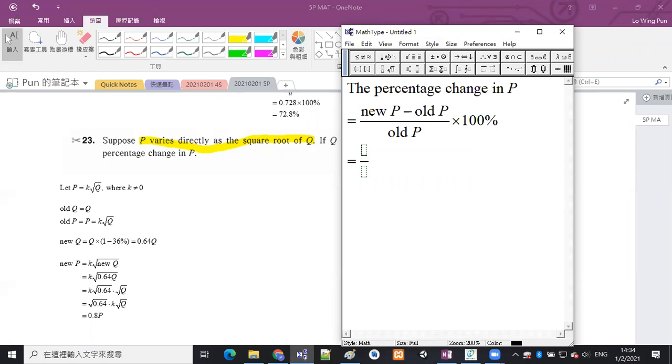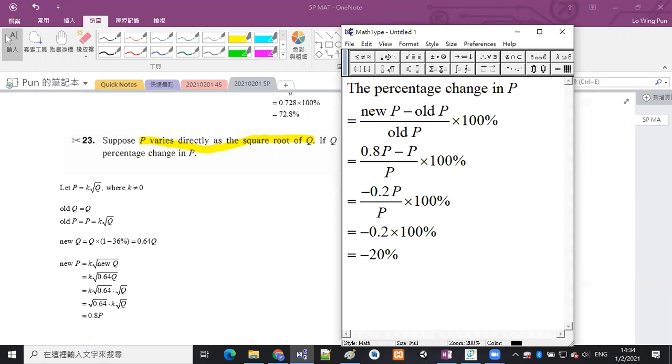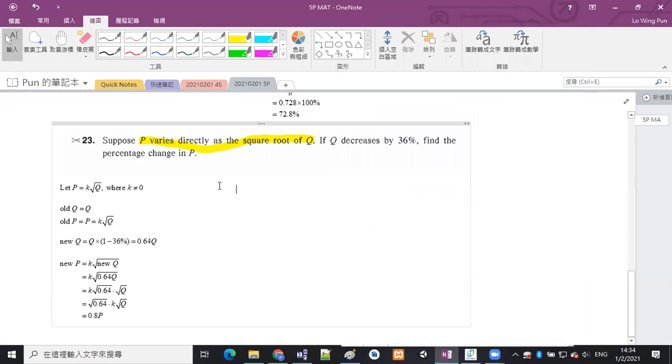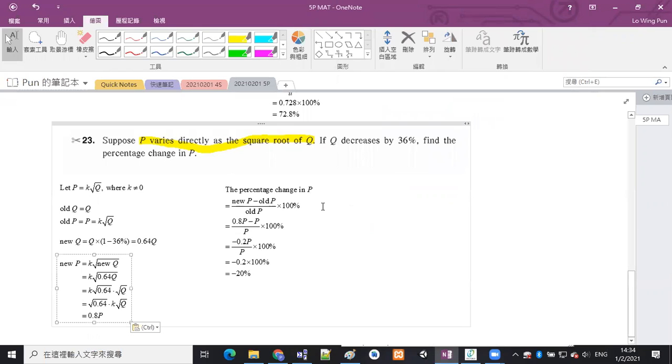The new P has been found to be 0.8P, minus old P, which is P, divided by old P, which is P, times 100%. Then it's equal to negative 0.2P over P times 100%. So that should be negative 0.2 times 100%. Finally, the answer should be negative 20%. It is a negative change, which means that it's a decrease. Get this?